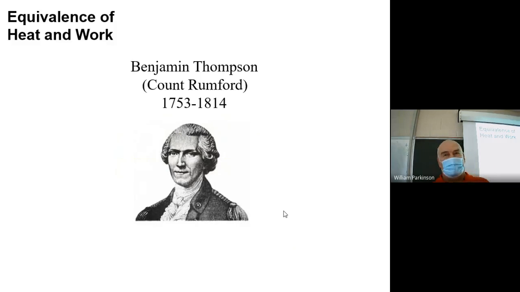Now, he really couldn't prove that heat could be converted into work. That took another 50 years or so, when Robert Fulton and James Watt were perfecting the steam engine. What they realized from the steam engine was that heat from burning a fire could be converted into steam. And when you changed water into steam, it went from liquid to gas, from a relatively small volume to a relatively large volume.